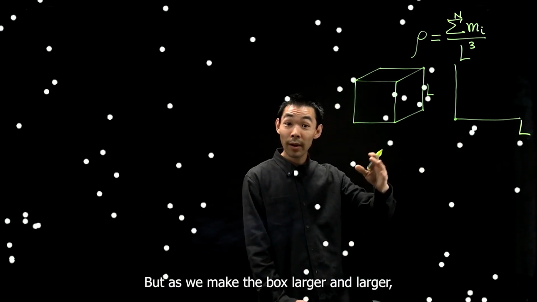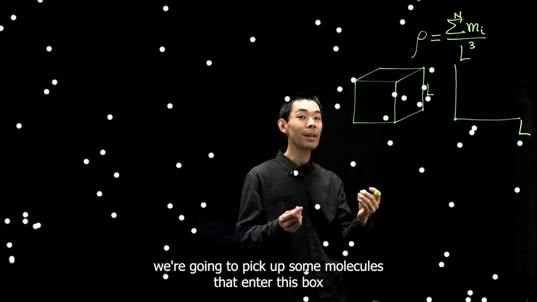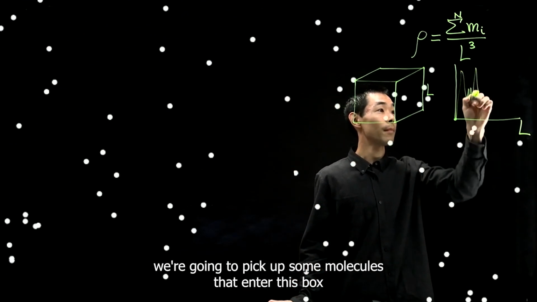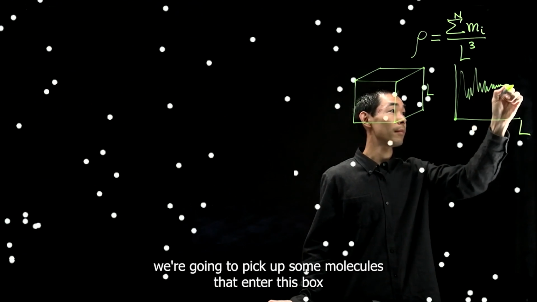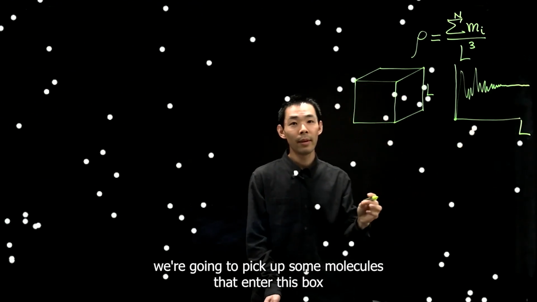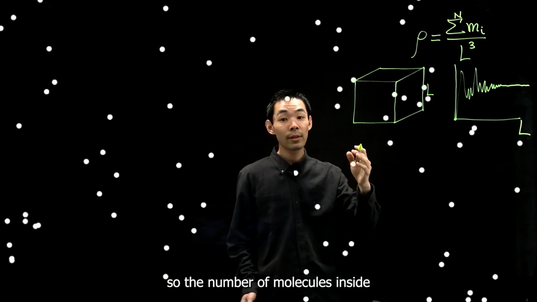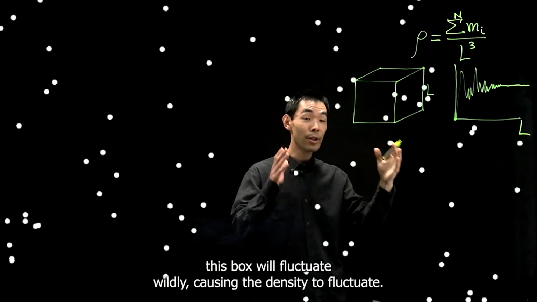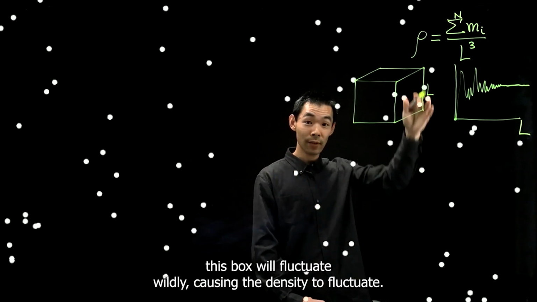But as we make the box larger and larger, we're going to pick up some molecules that enter this box. And molecules are going to enter and leave, so the number of molecules inside this box will fluctuate wildly, causing the density to fluctuate.